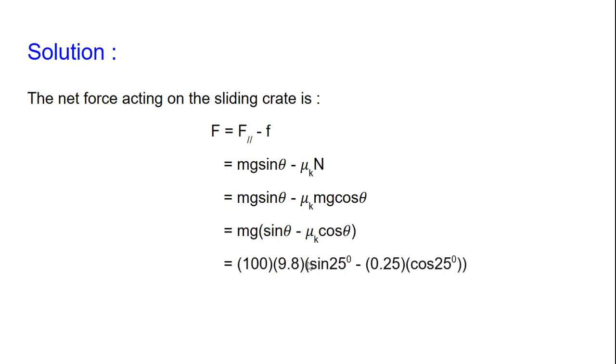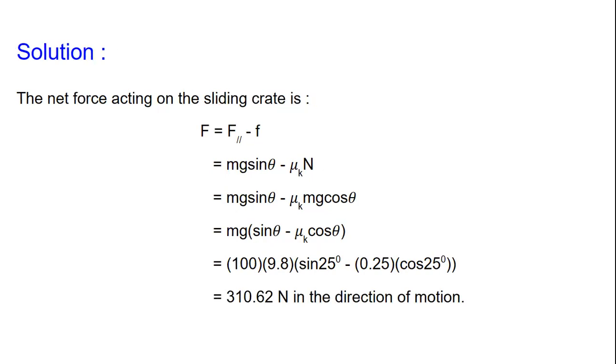We perform our substitution where m is 100, g is 9.8, times the sine of theta, which is 25 degrees, minus mu k, which is 0.25, times cos of 25 degrees, and you will get an answer of 310.62 newtons in the direction of motion.